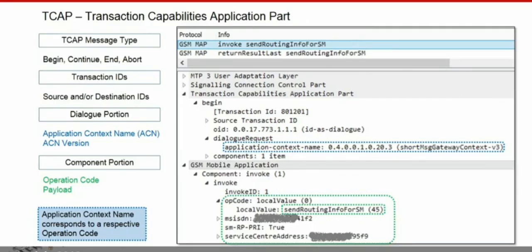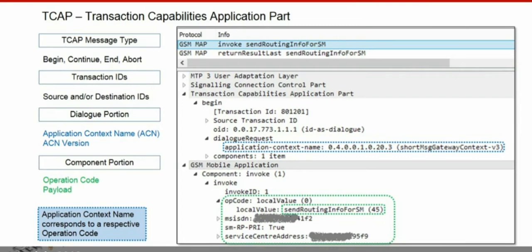Let's look at one of the SS7 protocols, the TCAP protocol. This protocol consists of several blocks. The first two blocks are mandatory. They are message type and transaction ID. Then the dialog portion follows. This block contains the application context name parameter.